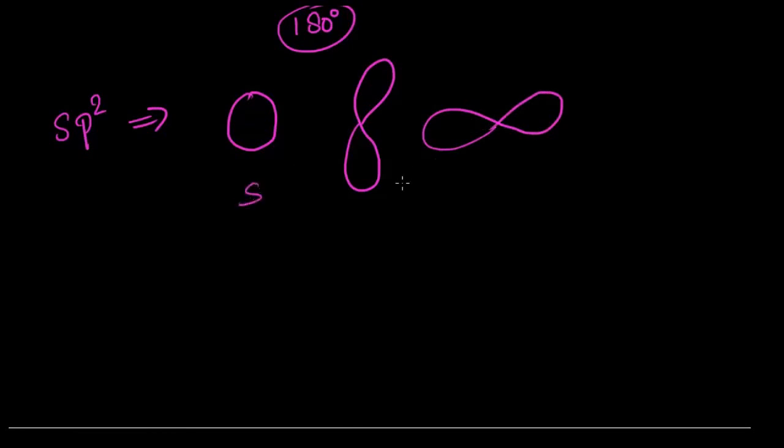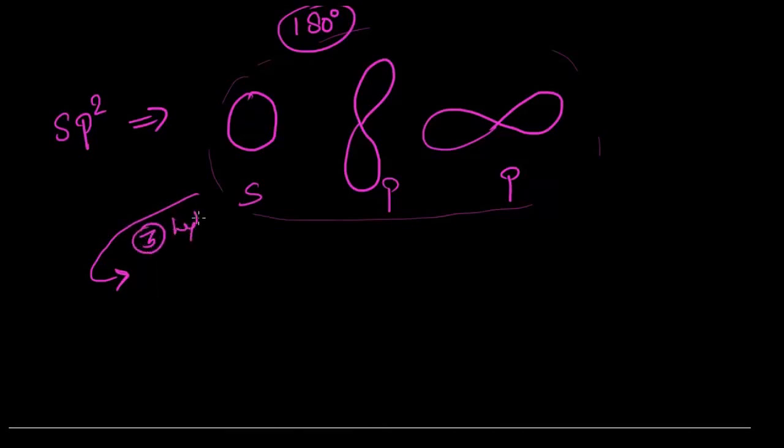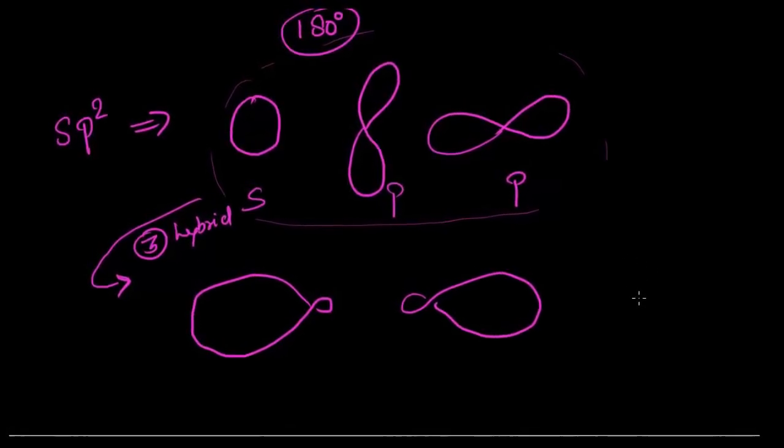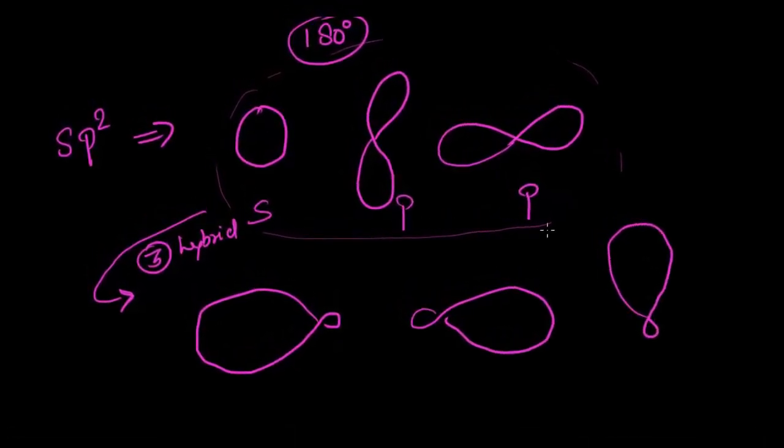So this is the s orbital, and these are the p orbitals. These three all combine together and will give me three hybrid orbitals. There will again be a bigger lobe and a smaller lobe, and the same thing here.